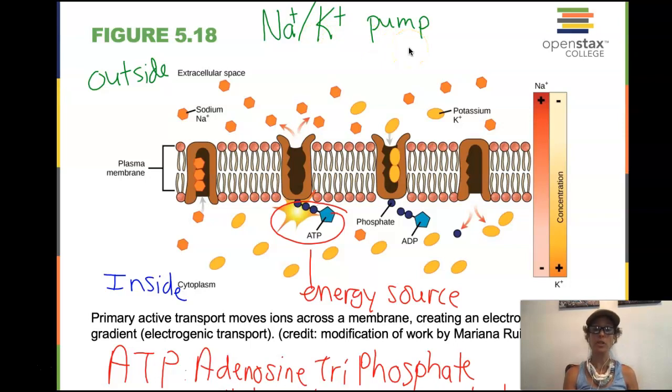It's a pump because we're having to use energy to direct each of these ions against their concentration gradient. We maintain this in our cells so that our extracellular space, outside the cell, remains high in sodium and low in potassium. And the interior of the cell is maintained with high potassium and low sodium.